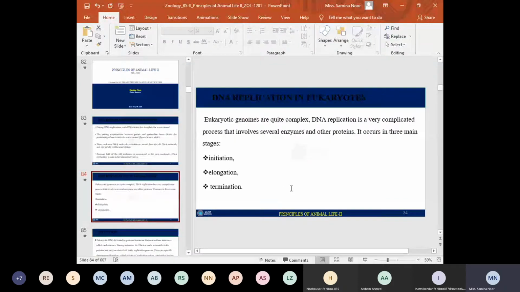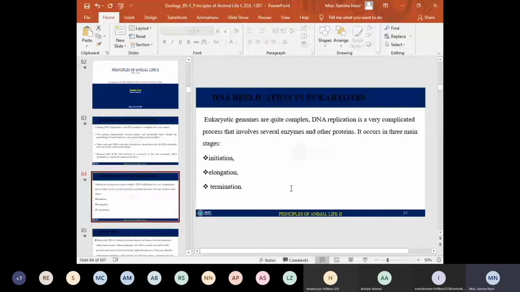As I have said, today we are discussing eukaryotic DNA replication. Eukaryotic genomes are complex in nature, so DNA replication is also a complicated process. This process involves various enzymes and different kinds of proteins. The process of replication in eukaryotes occurs in three major stages.